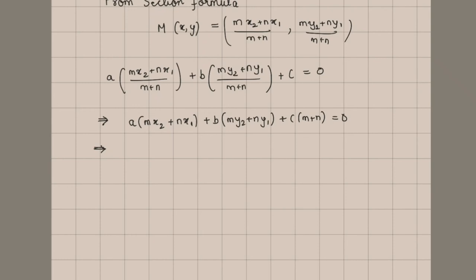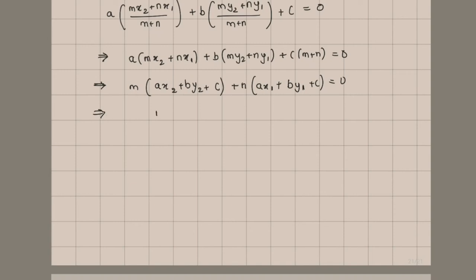Take m and n terms separated. m into (Ax2 + By2 + C) plus n into (Ax1 + By1 + C) equals 0, in which case m by n equals minus of (Ax1 + By1 + C) by (Ax2 + By2 + C).